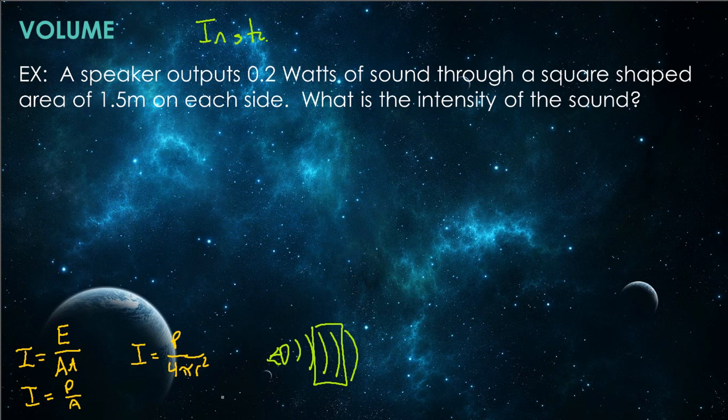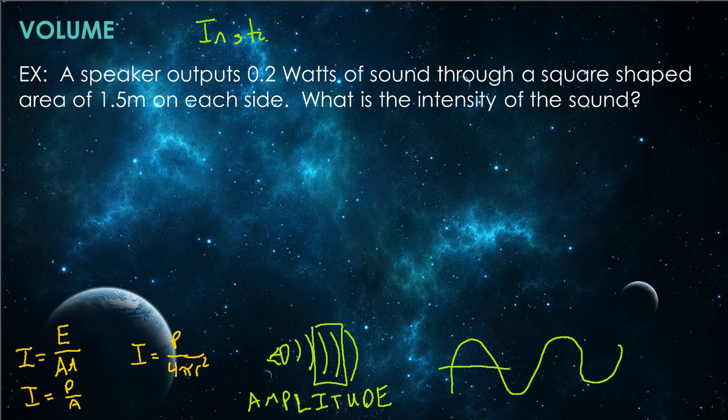So intensity is directly related to amplitude. So we're looking for the amplitude of the wave. And remember when we did waves, here's a wave, poorly drawn, and here's the midline of that wave. Our amplitude would be these vertical lines I'm drawing here, how tall they are.